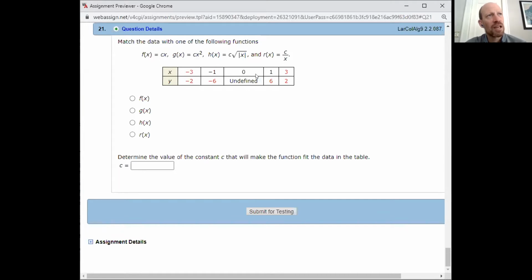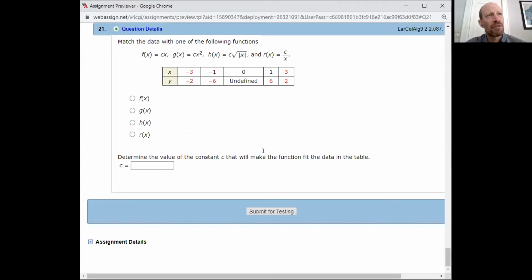And to me, the giveaway for this one is this point here, right? If I put in 0, it says it's undefined. Well, for both f and g and h, there's no problem with putting in 0 for x. So that tells me it has to be this function, right? R of x is c over x. So I know that.